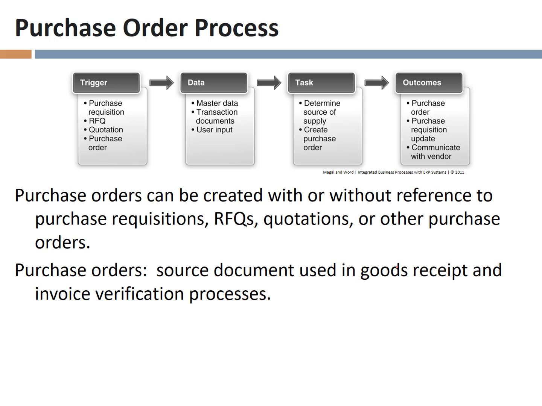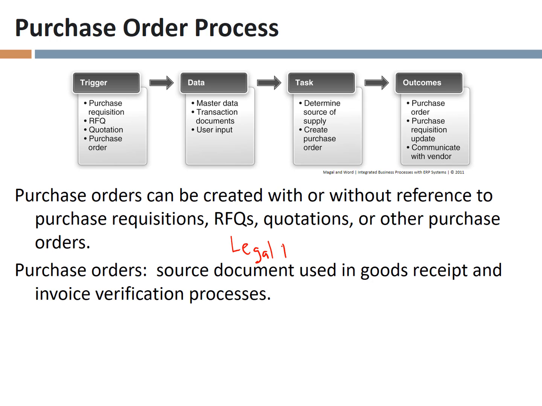A purchase order is a very, very important document. It is now the source document. It is now the governing document in the goods receipt process and in the invoice verification process.